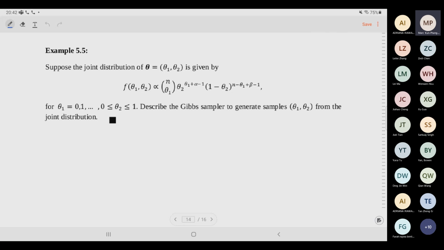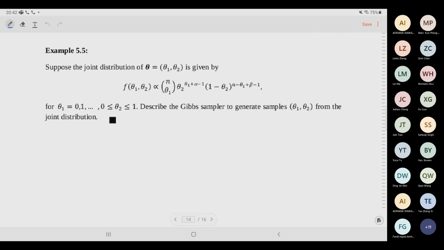Question: will our estimates be sensitive to the order in which we update the parameters? I think it might be, depending on the parameter.